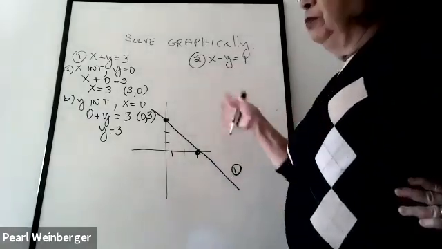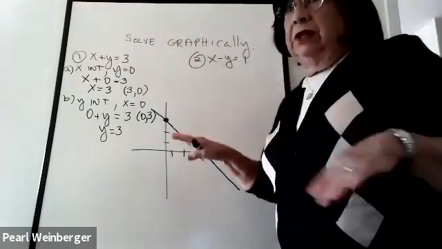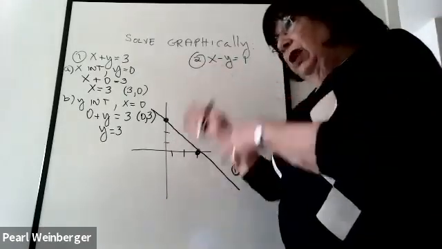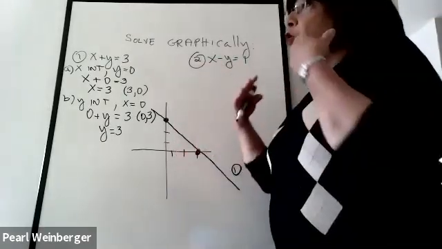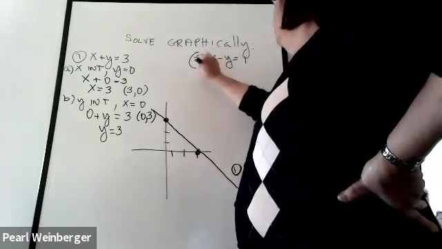Because again, it's not put in the y equals mx plus b form. Remember, those were the two methods that we usually used. Either the slope-intercept method, if it's written in the y equals mx plus b form, or the intercept method. Let's do the intercept method for this one as well.